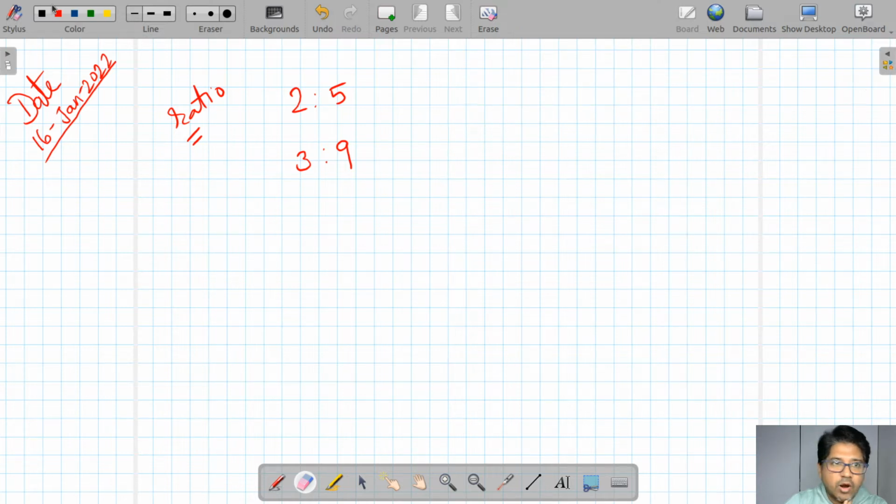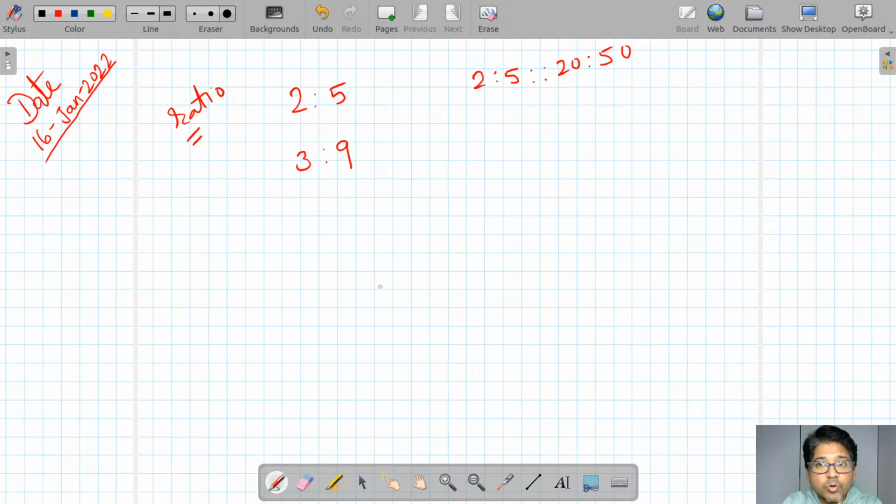When two ratios are equal, they are in proportion, like 2 is to 5 equals 20 is to 50.